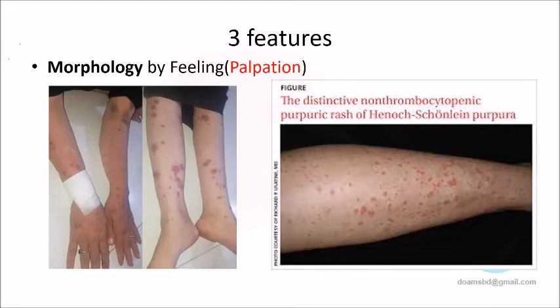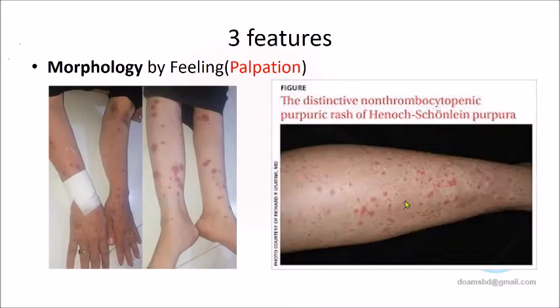Painful means, if you feel, there may be tenderness. By the palpation we are discovering there is a tenderness. But here, if it is a purpura, it may not be palpable or may be palpable. So wherever the purpura is palpable, this is due to a problem in the blood vessels.